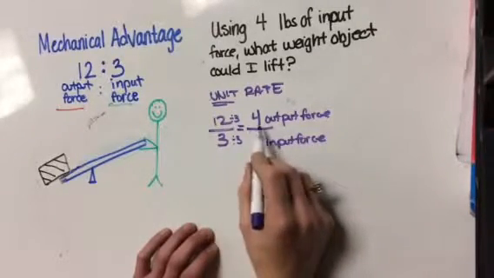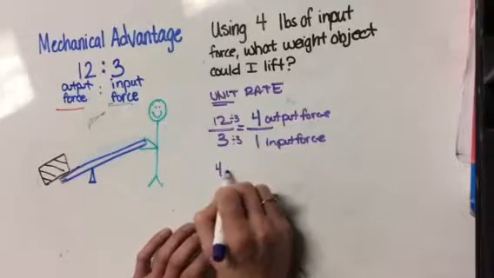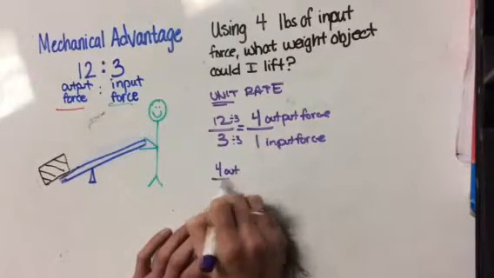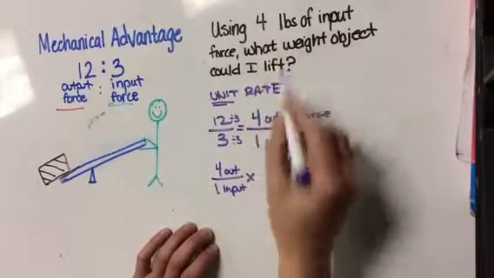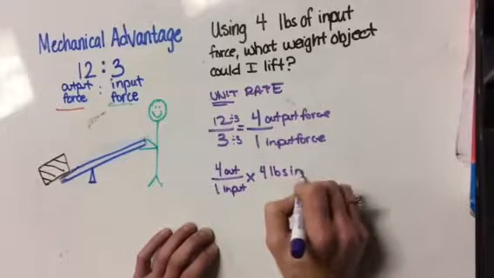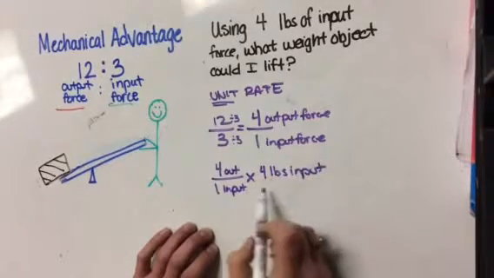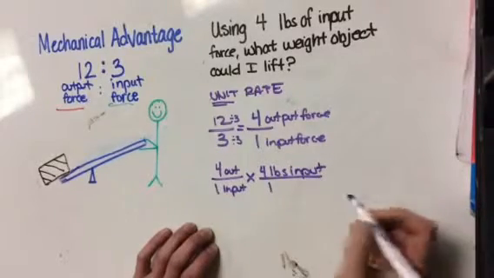I can use my unit rate, 4:1, which is 4 output to 1 input, and I can multiply that by 4 pounds of input. And then I know that I can put this over 1.